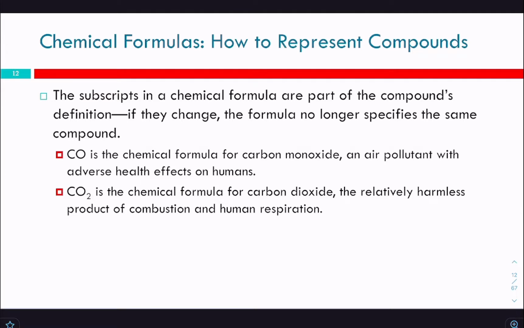This is why you shouldn't run your car in your garage with the garage door shut, because your car will produce carbon monoxide. And you should also not use gas burners to heat up your home in a closed space, because carbon monoxide will build up. But it's very similar to CO2, or carbon dioxide, which is the product of human respiration.